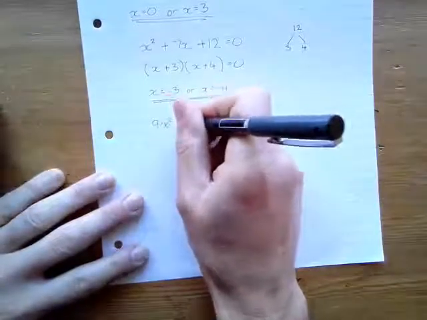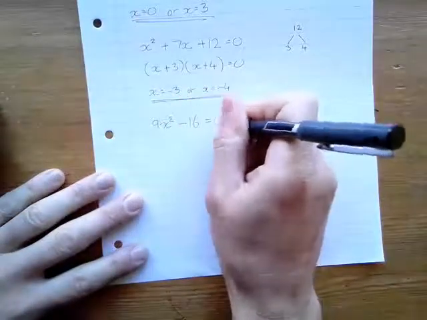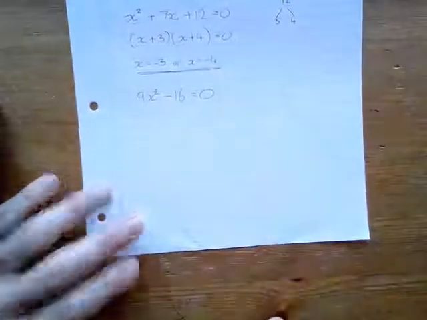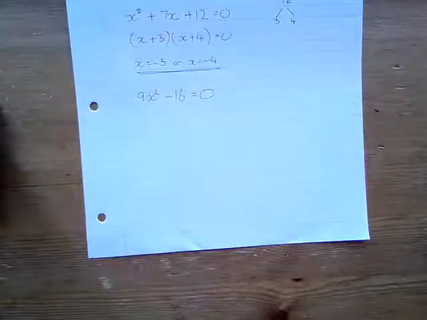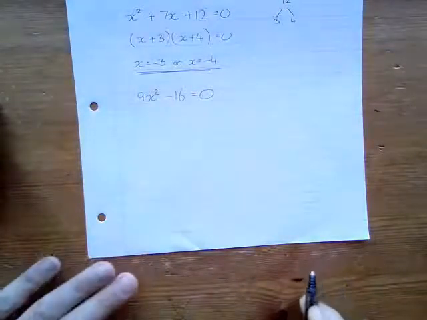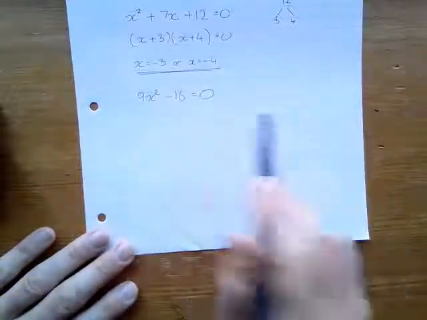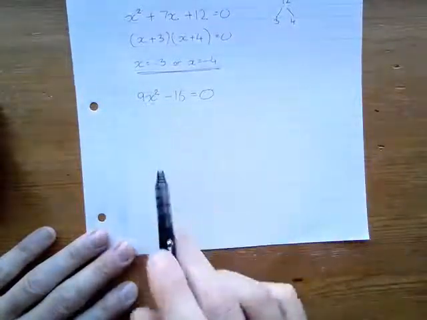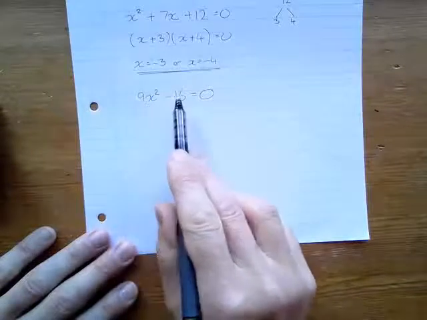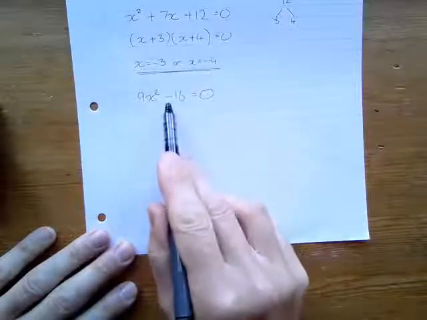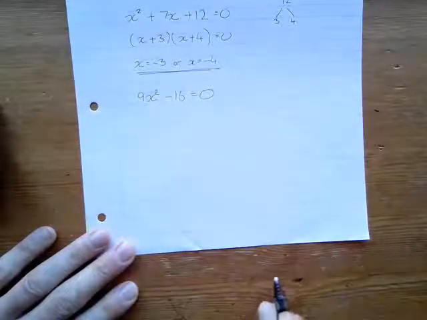9x squared minus 16 equals 0. Now this one is an example of what we call the difference of two squares. It's where this is a square number and this is a square number, and there's a minus sign, hence difference between them.